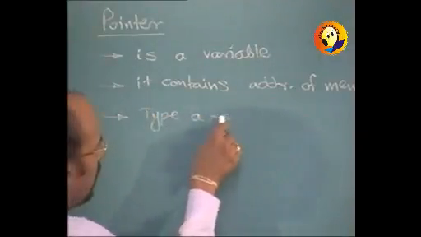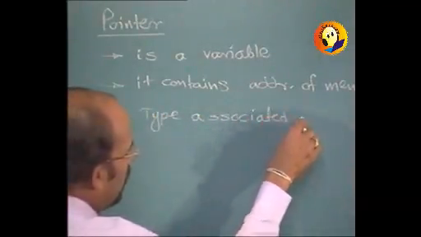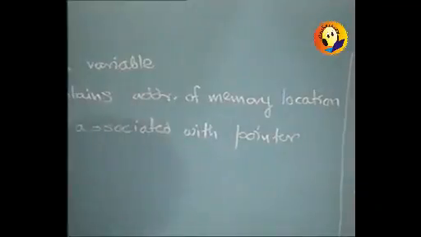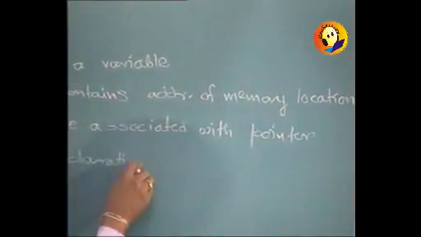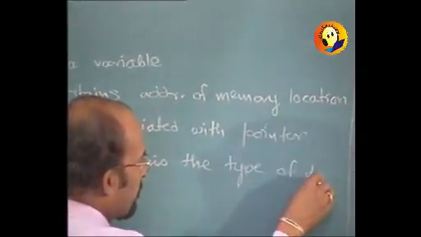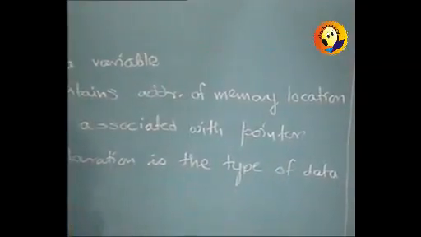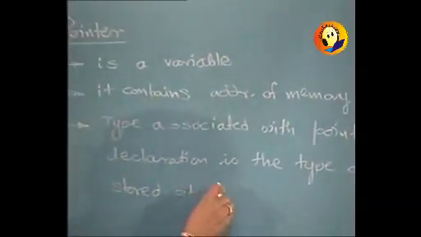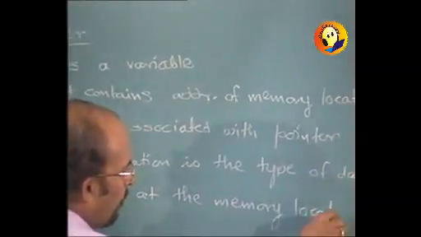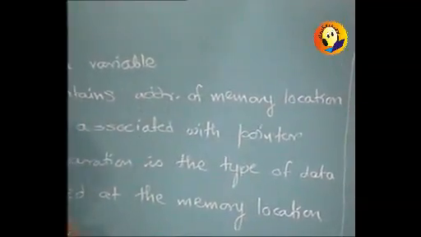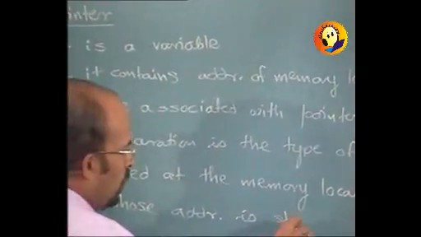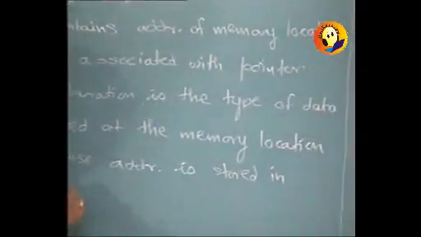The type associated with a pointer declaration is the type of data stored at the memory location whose address is stored in the pointer variable.